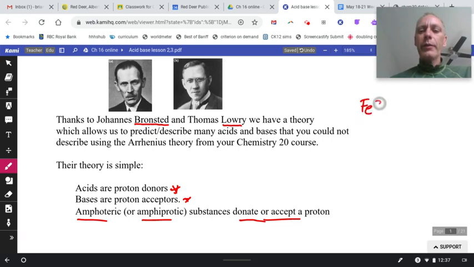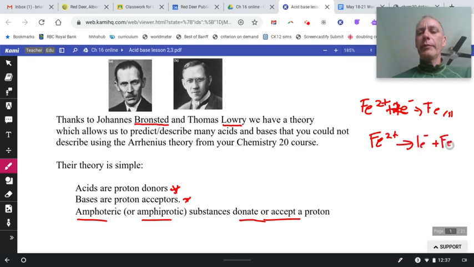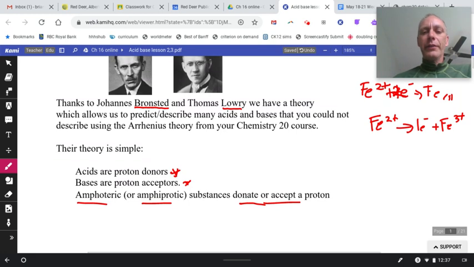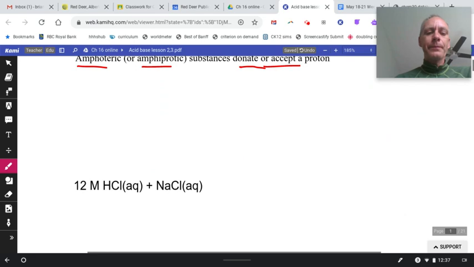For example, Fe2+ could gain 2 electrons and become Fe solid, or Fe2+ could lose 1 electron and become Fe3+. So now we have acids and bases in a similar position. They can both gain and lose.